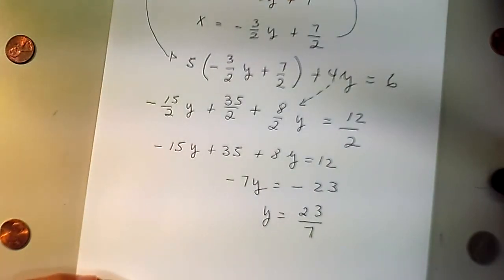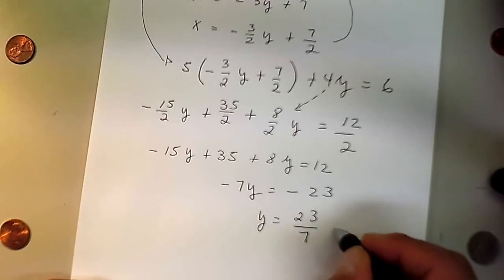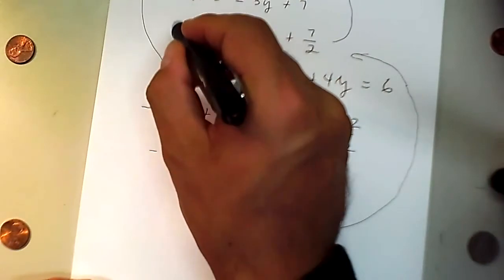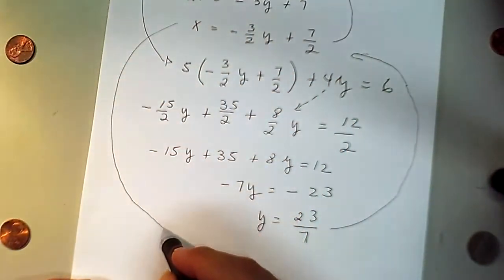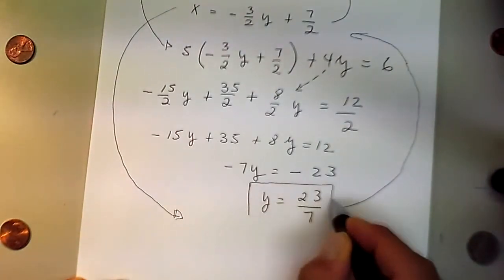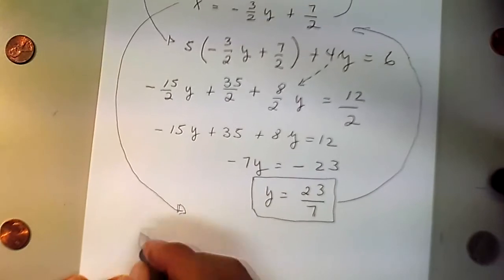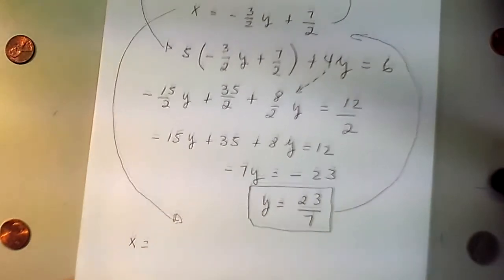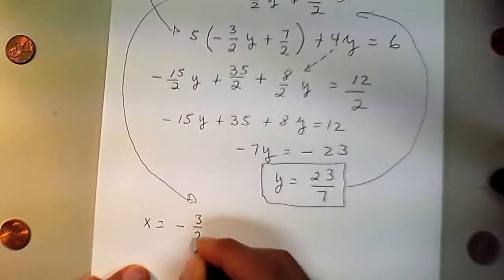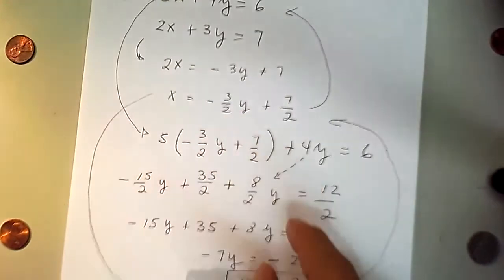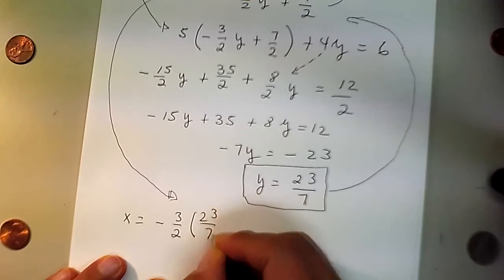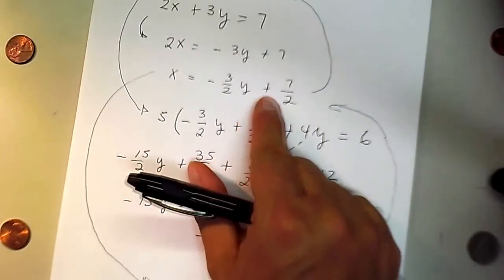Okay. Then we put this y into this x so that we can get an x value. So we've got y, we can box it. There is y. And then x is equal to negative 3 halves of y, but y is 23 over 7, plus 7 halves.